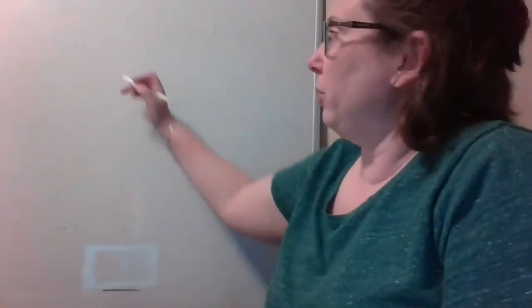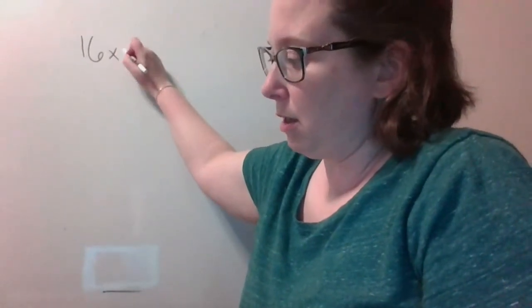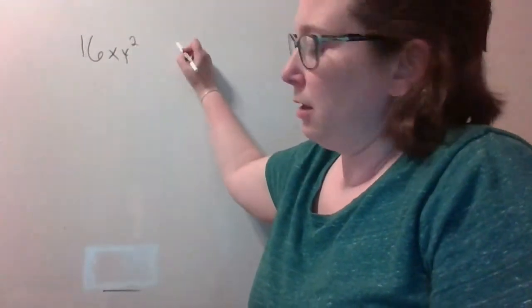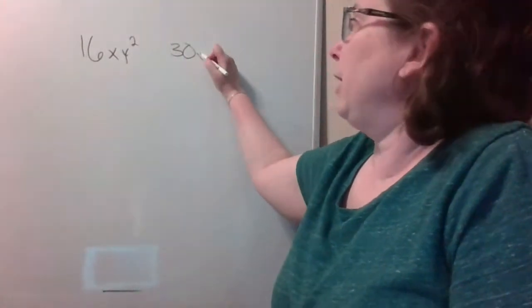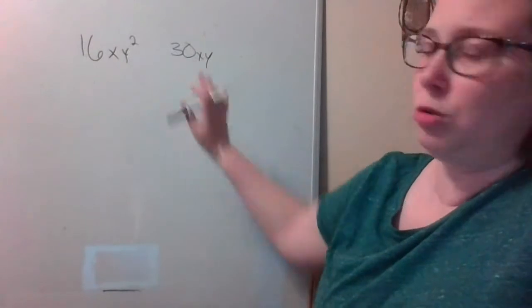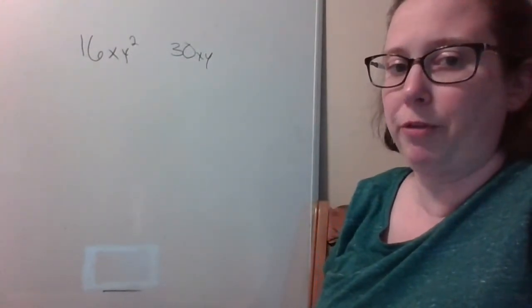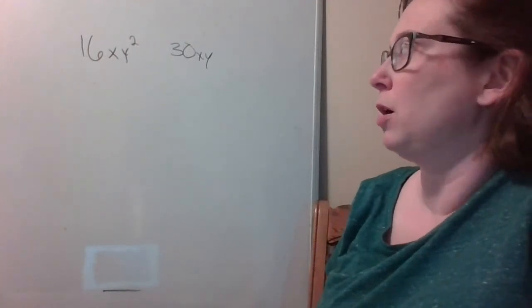You cannot have an addition or a subtraction sign in a monomial. So monomials are going to be things like 16xy squared and 30xy. So problem 4 gives us these 2 monomials, and we are supposed to find out what is a greatest common factor for those 2 monomials.